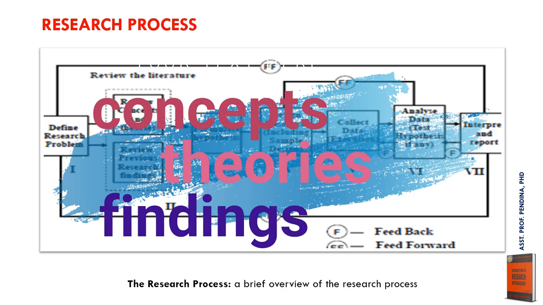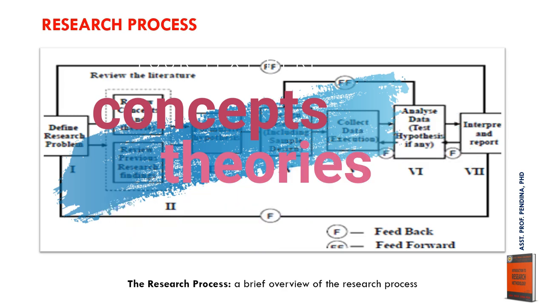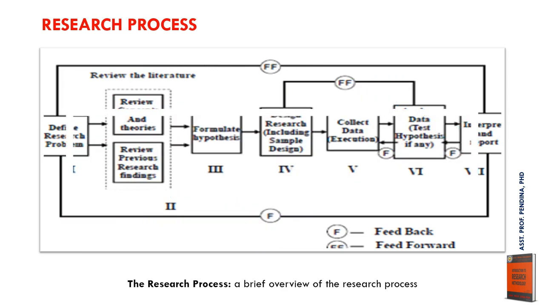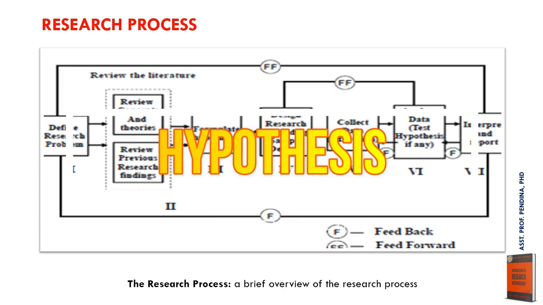Also, you review the previous research findings, what they have already done and what their findings are. Third, you have to formulate the hypothesis, or you may not have the hypothesis formulated.